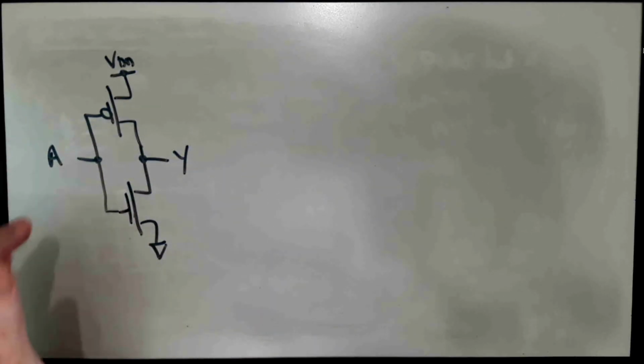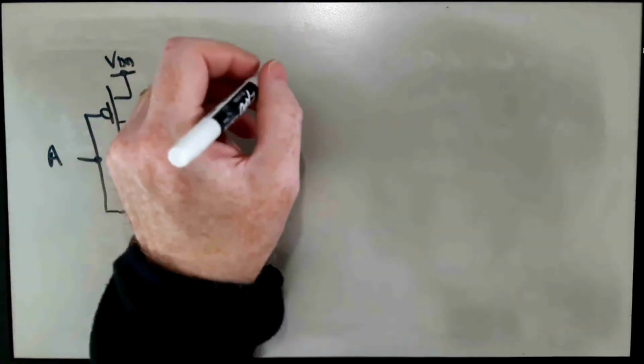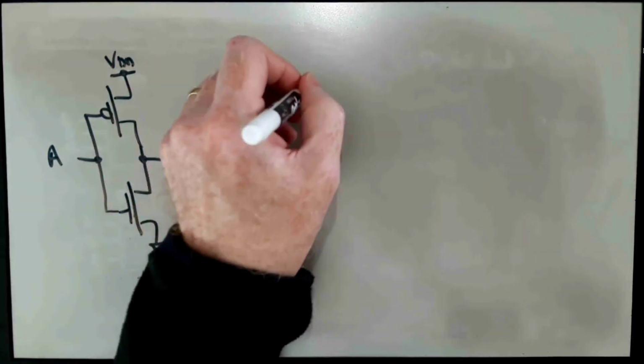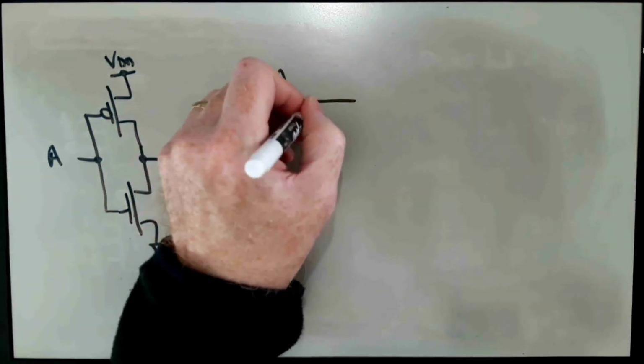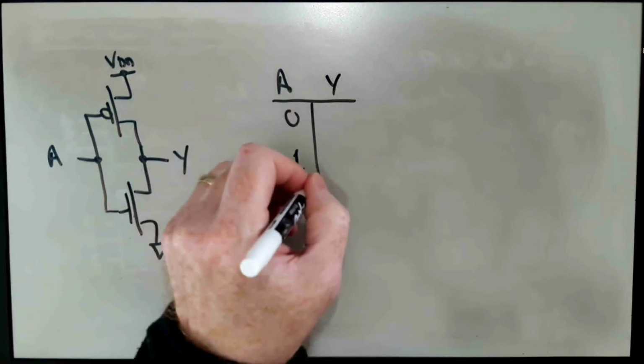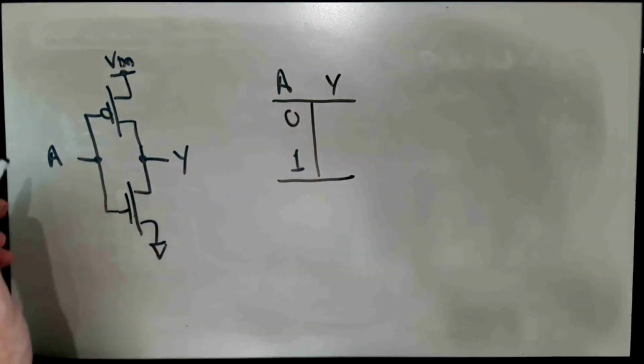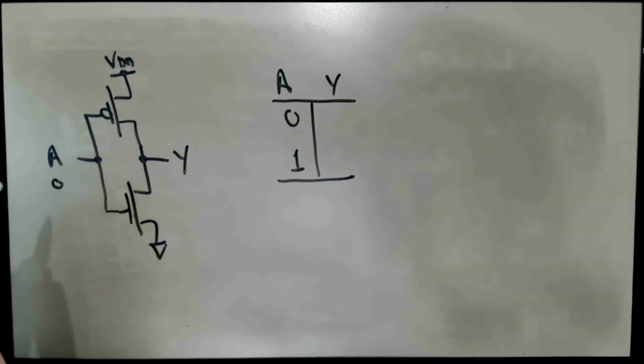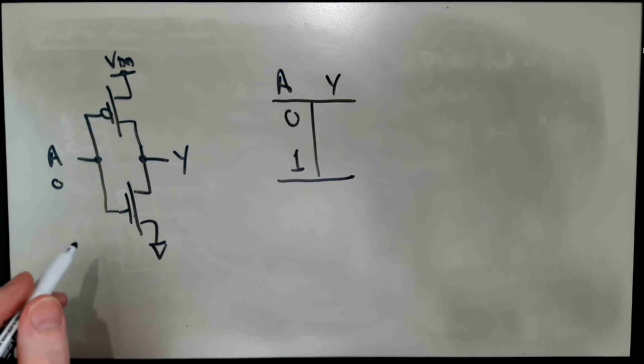Okay, so let's think about this. Let's make a truth table. There's only two possibilities for A, 0 or 1. And let's make A 0. Well, what do we know about the Nmos transistor?